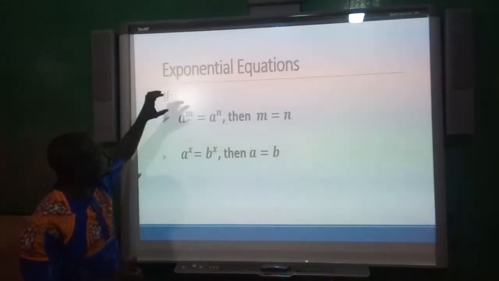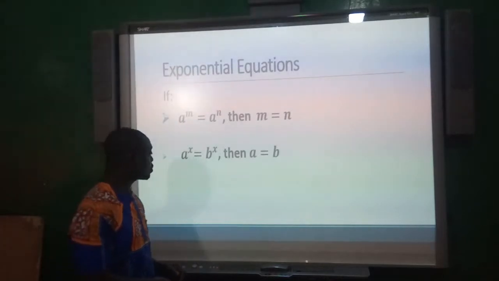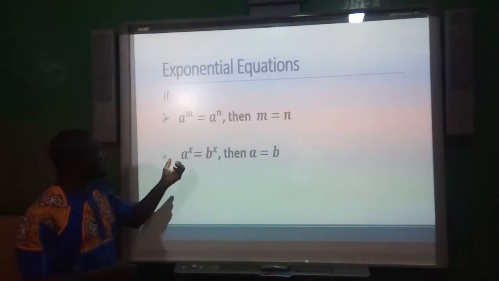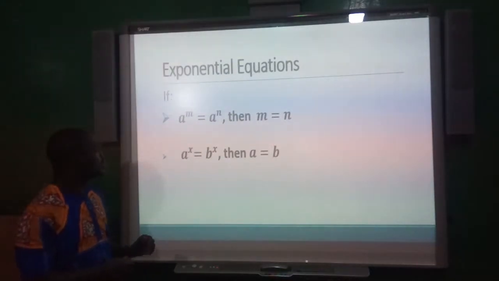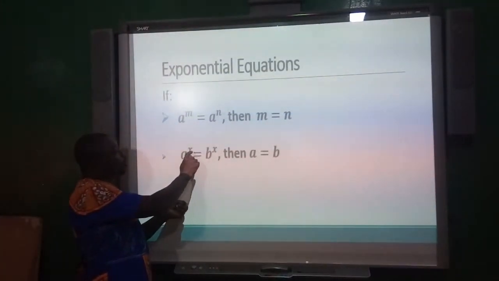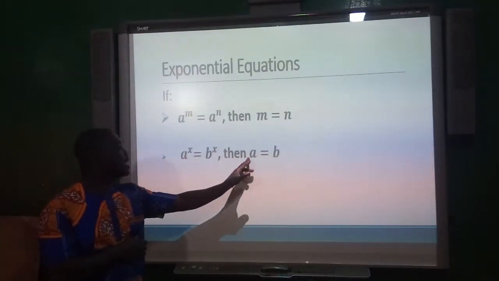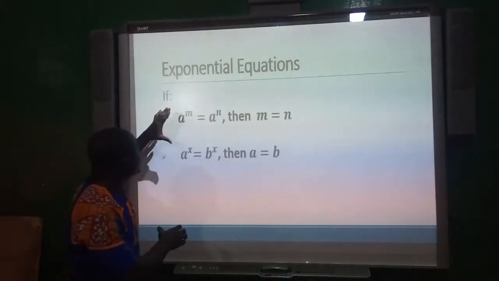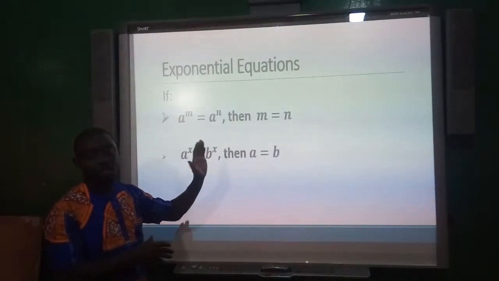So if a raised to power m is equal to a raised to power n, then m is equal to n. Also, if you have a raised to power x is equal to b raised to power x, so you see that this time the exponents are equal, x and x, and this can only be true if a is equal to b. So this is the main basics that we are going to use to solve exponential equations.